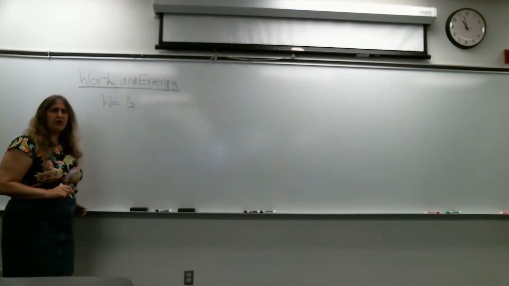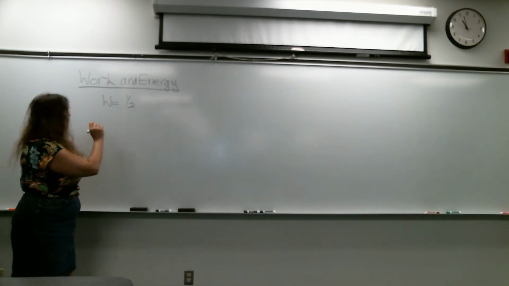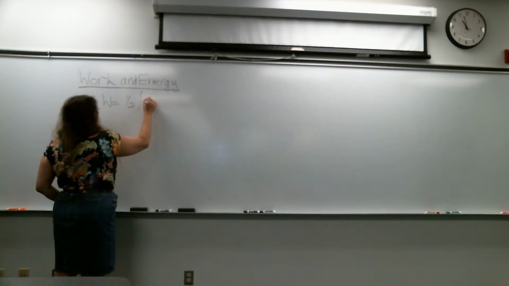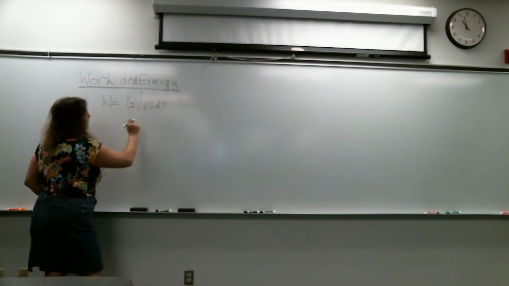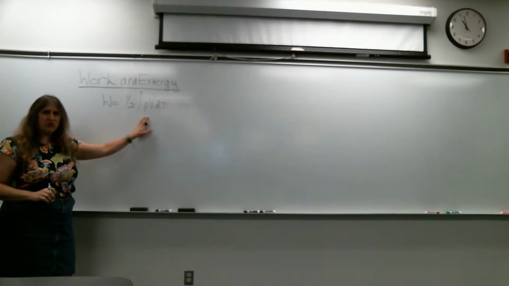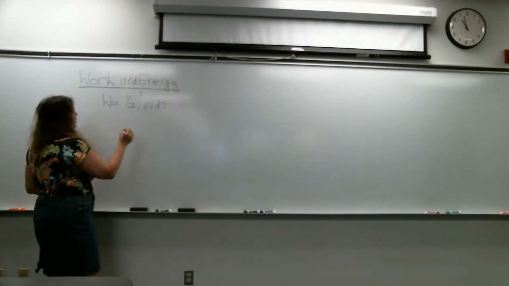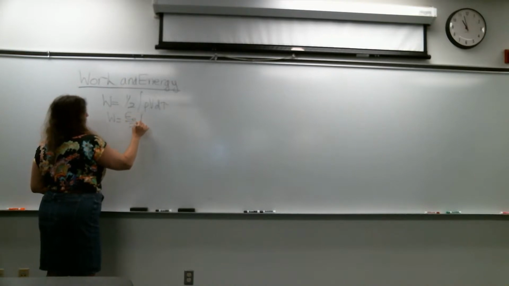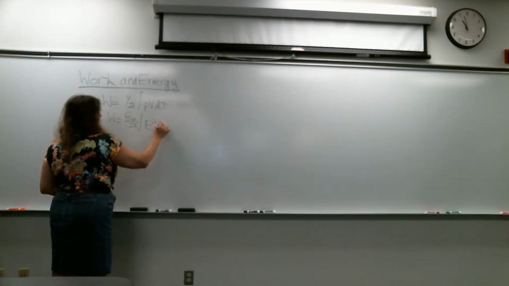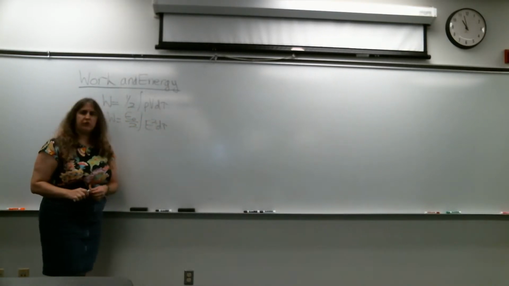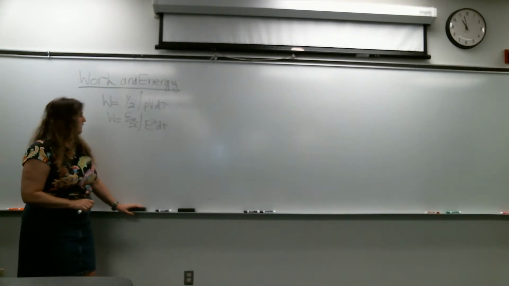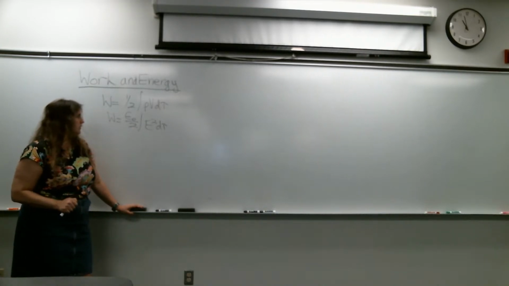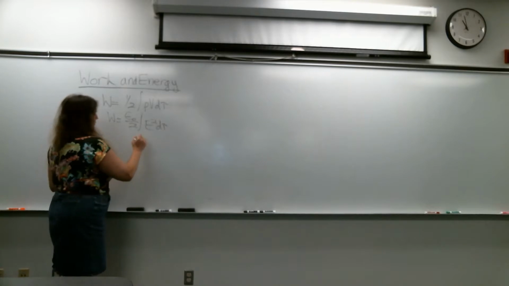My expressions for work again. So this is 1/2 the volume integral of the charge density times the potential, and also epsilon naught over 2 times the volume integral of E squared.